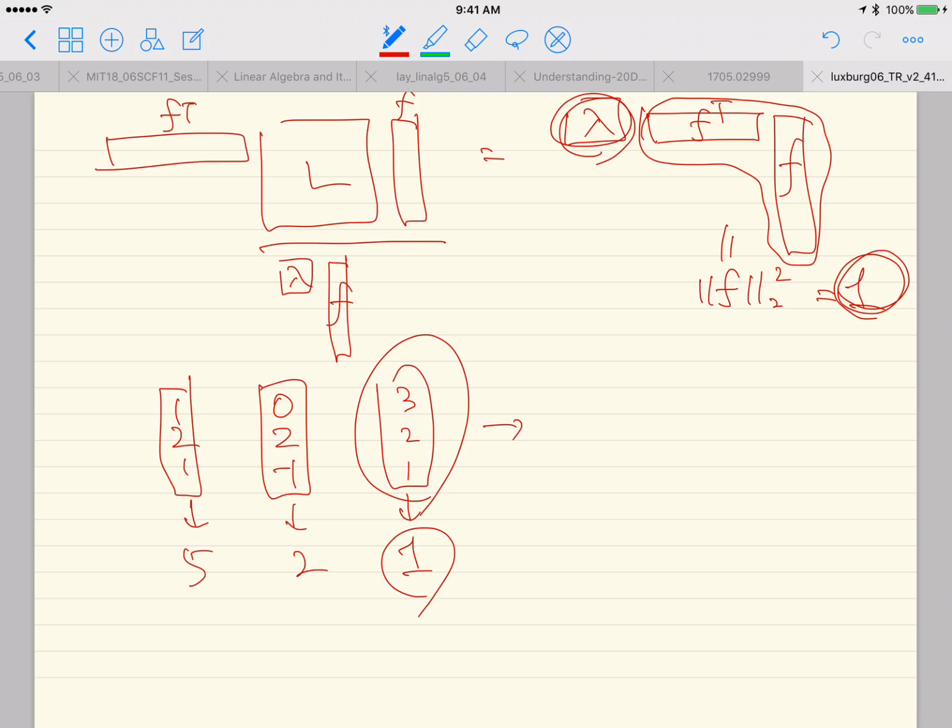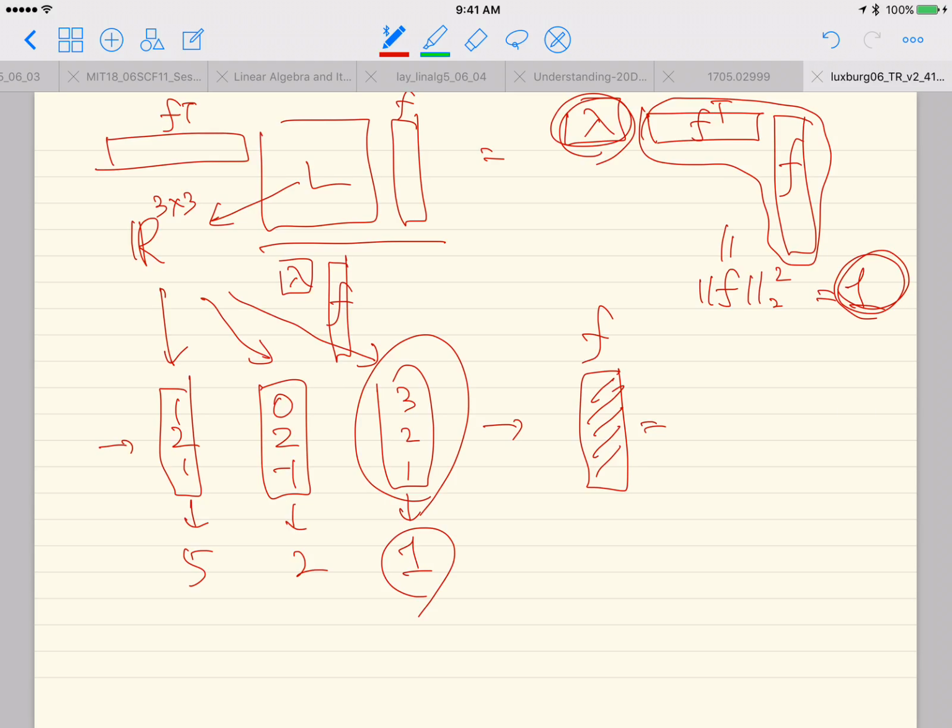But if you study the eigen decomposition, you understand that any vector f can be represented as a linear combination of some basis vectors. If L was a 3 by 3 matrix, suppose you have three linearly independent eigenvectors, then you can represent any vector using a linear combination of the new basis vectors, which are your eigenvectors, right?